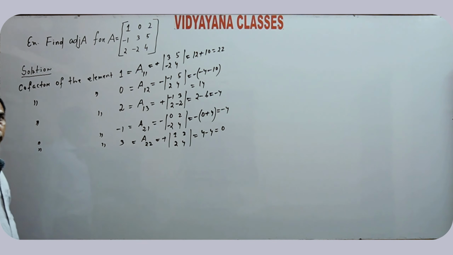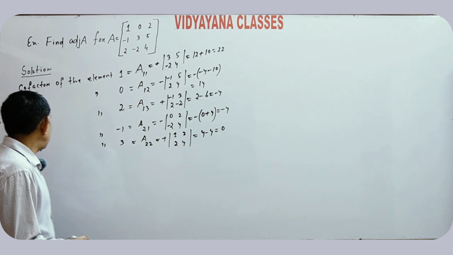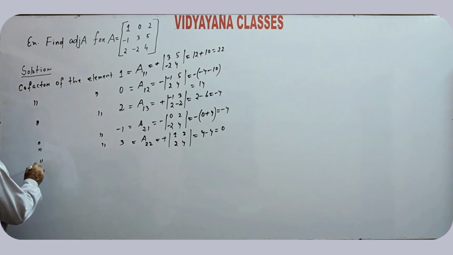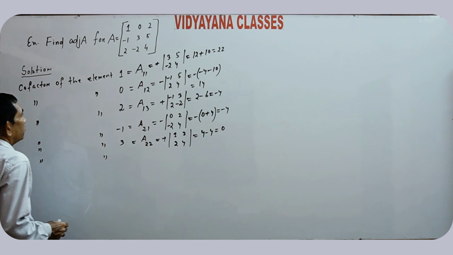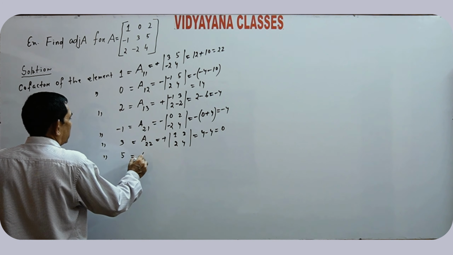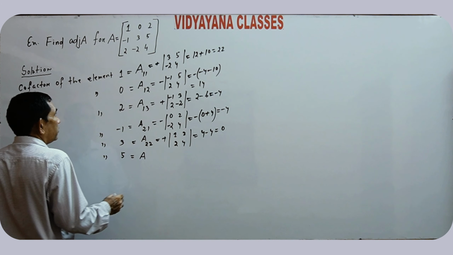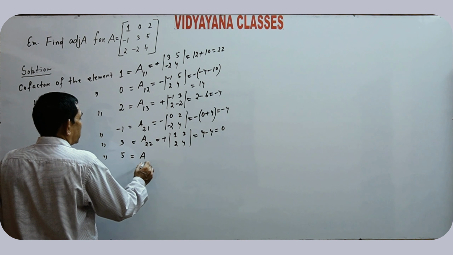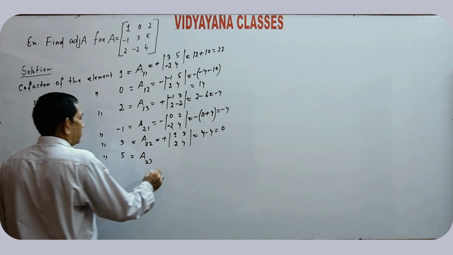Clear? Okay. Cofactor of the element 5, the element of second row, third column.